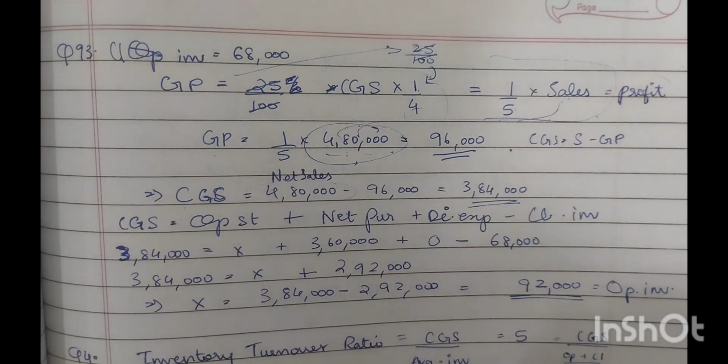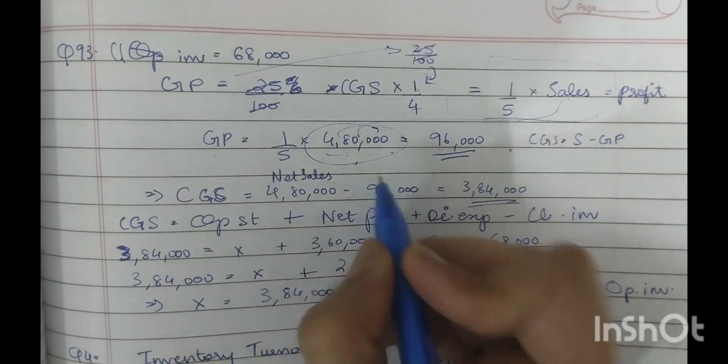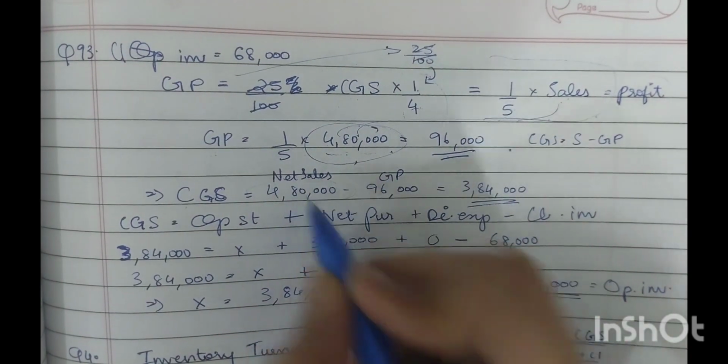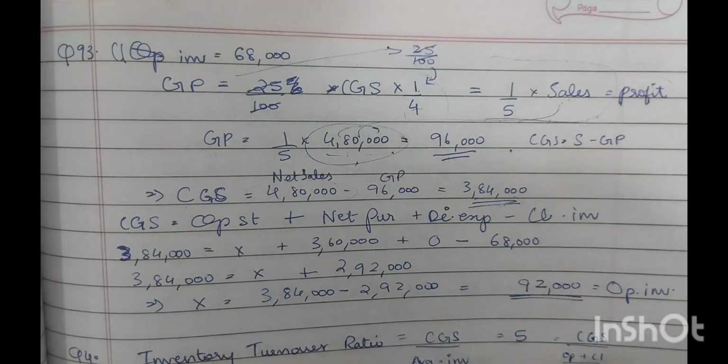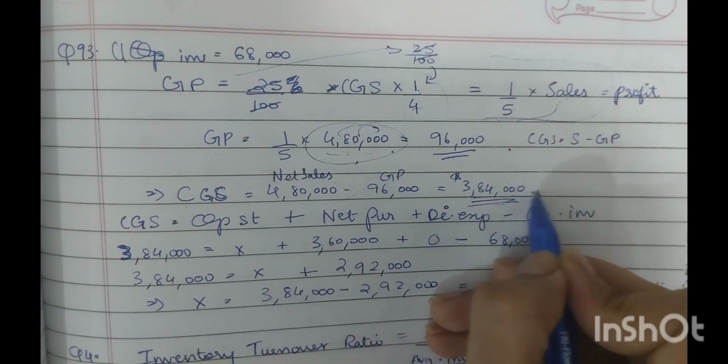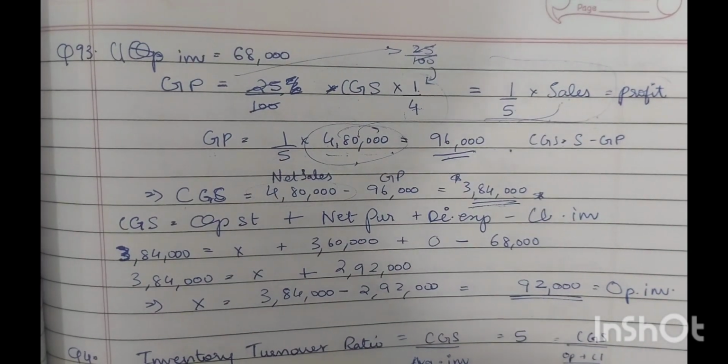And then we know that GP is 96,000. So deduct GP from net sales and we get our CGS, 3,84,000, right? This is really important. We need to find CGS if it's not given, because in inventory turnover ratio it's a huge component, right?